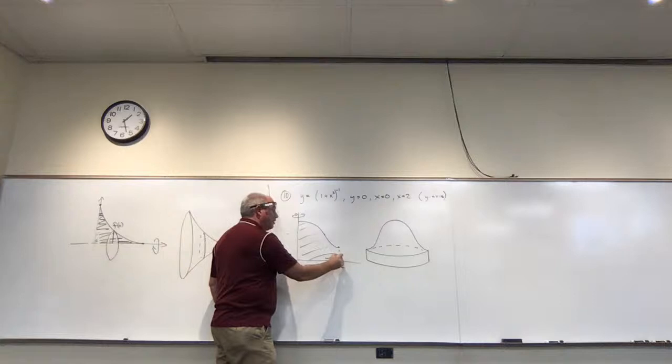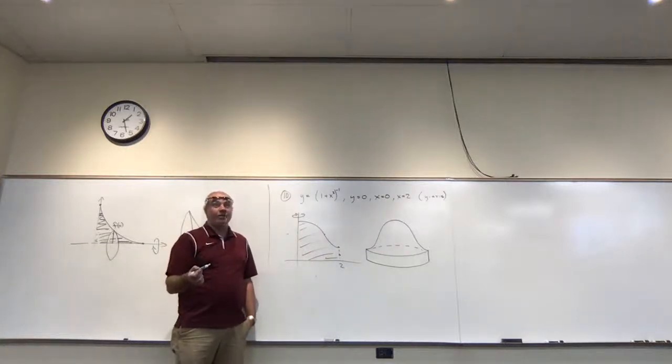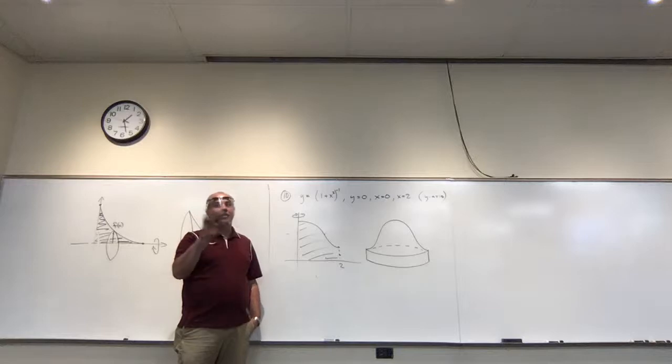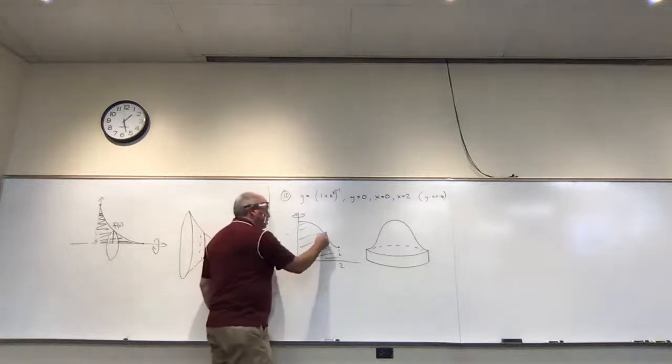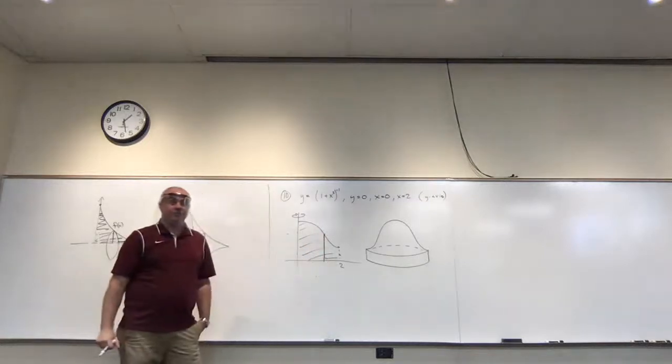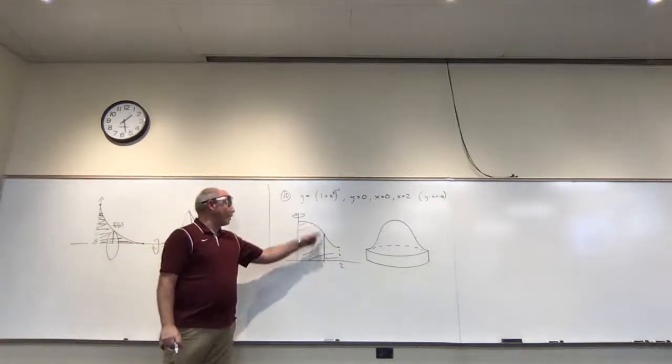When I get to here, this guy's on top, this guy's on bottom, which is a different function. That's annoying to have to switch. And so I say, no, I don't want to switch. Is everybody with me? I just want to do one integral, not two. So the way I can get out of the problem is just make sure I cut it this way. Does that make sense? So I decided this way is best.